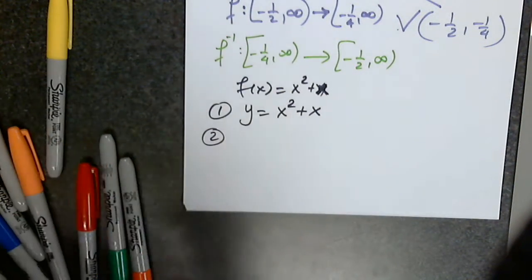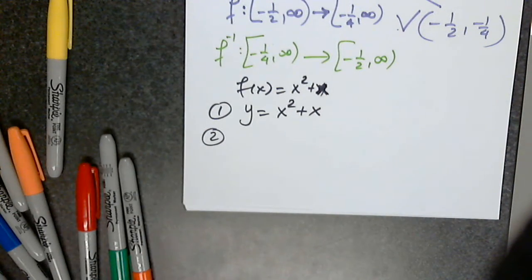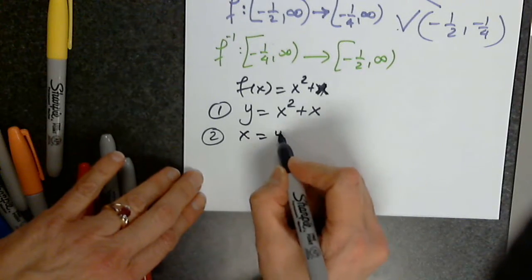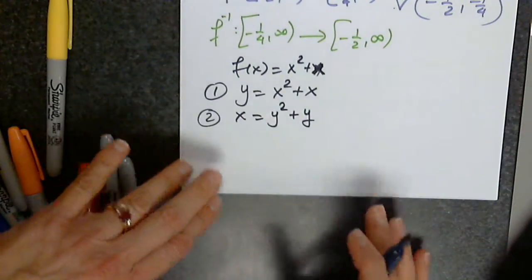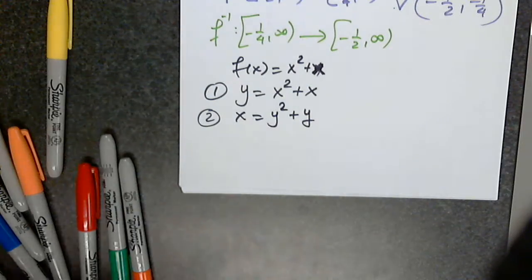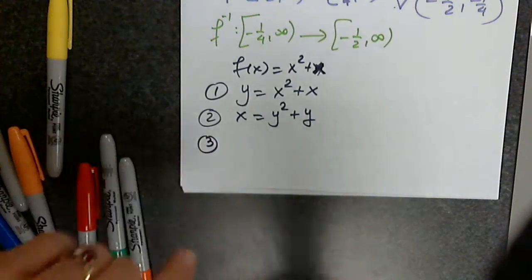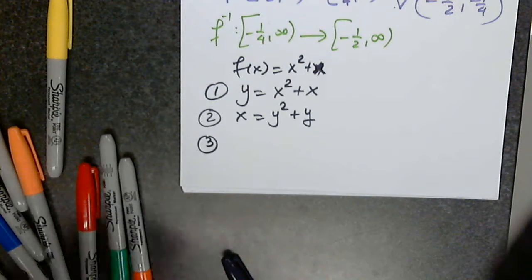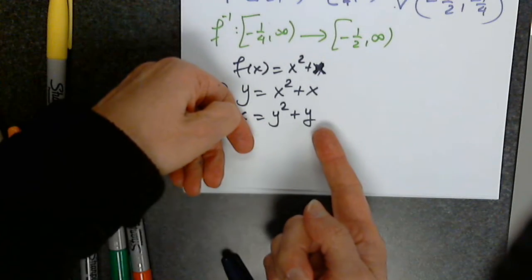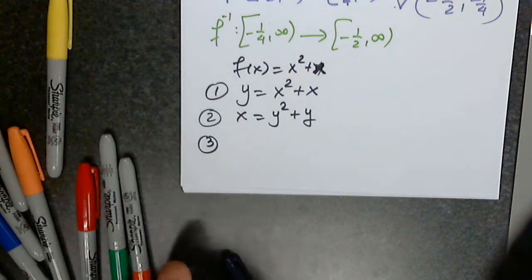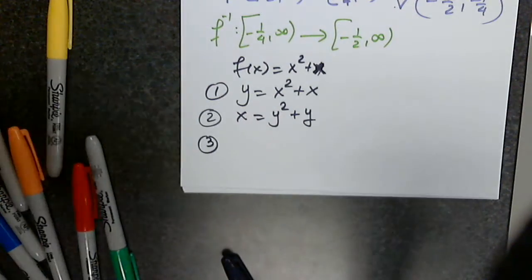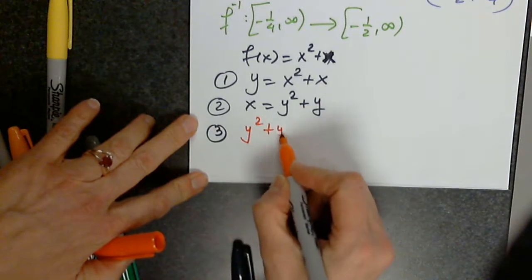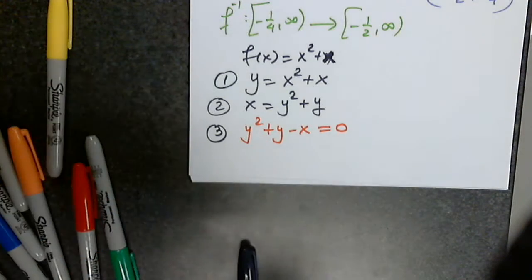Step number 2: x equals y squared plus y. Good. What type of equation is this in y? Exactly. Messy. So this is y squared plus y minus x equals 0.